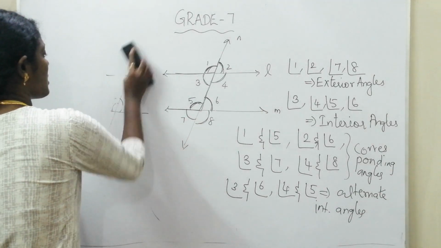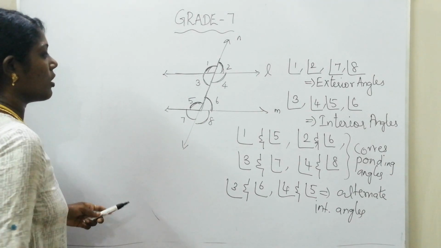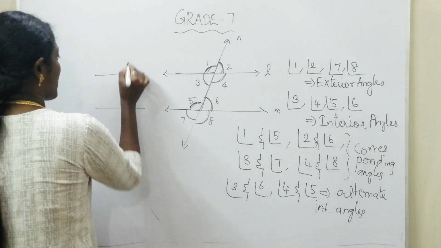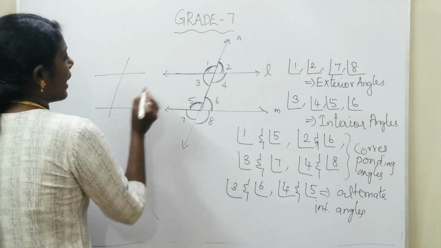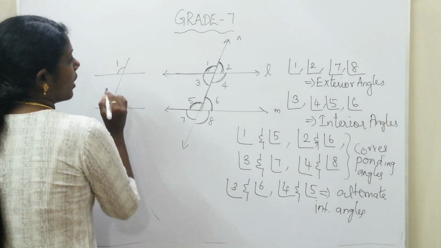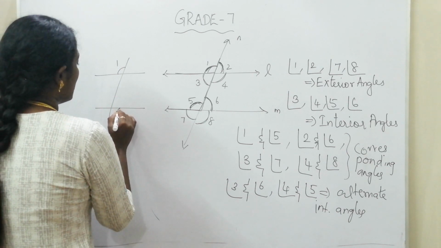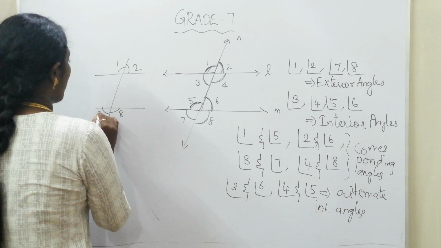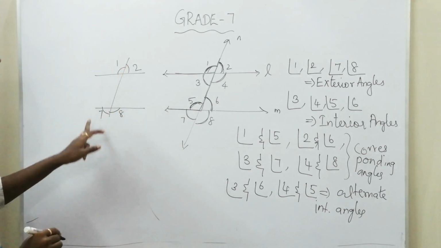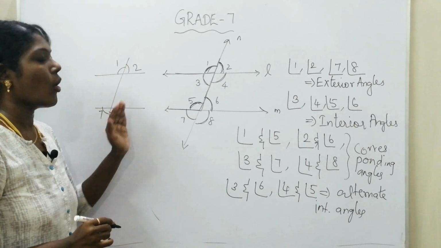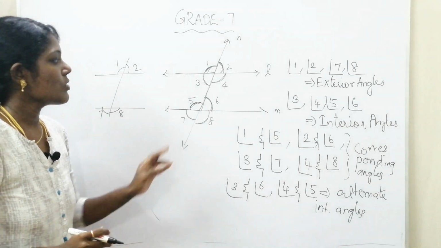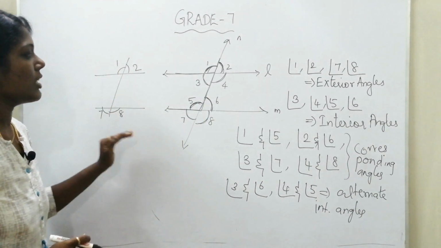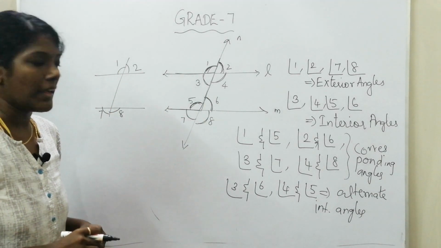We also have alternate exterior angles. Again I am taking a section of these parallel lines: angle 1 and angle 8, angle 2 and angle 7. These are alternate exterior angles. So interior alternate angles are there, and alternate exterior angles are also there.